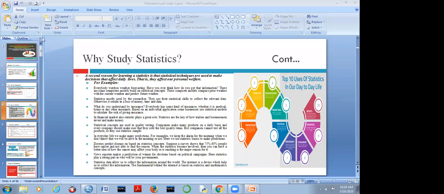Okay, so I am going to read some examples, and everybody knows these things can be applied in day-to-day life. Everybody watches weather forecasting. Have you ever thought how you get this information?